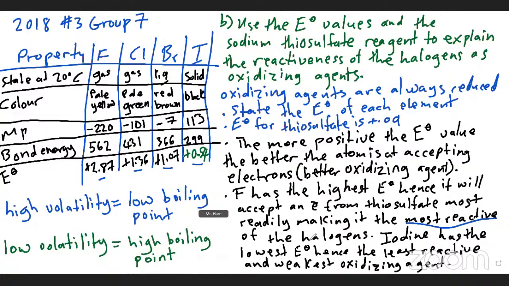So fluorine is the most reactive and the strongest because it has the highest E naught, and iodine is the least reactive, the weakest oxidizing agent. This one was 4 marks.